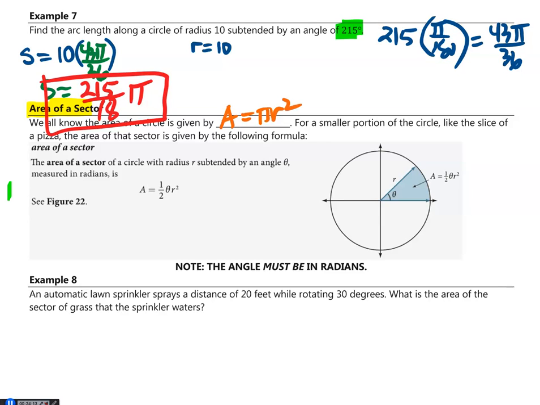For a smaller portion of the circle, like a slice of pizza, the area of the sector is given by the formula A is equal to 1/2 times the angle times r squared, and theta must be in radians. So your angle must be in radians. So here the area is 1/2 of the angle r squared, and we want to get this part here.